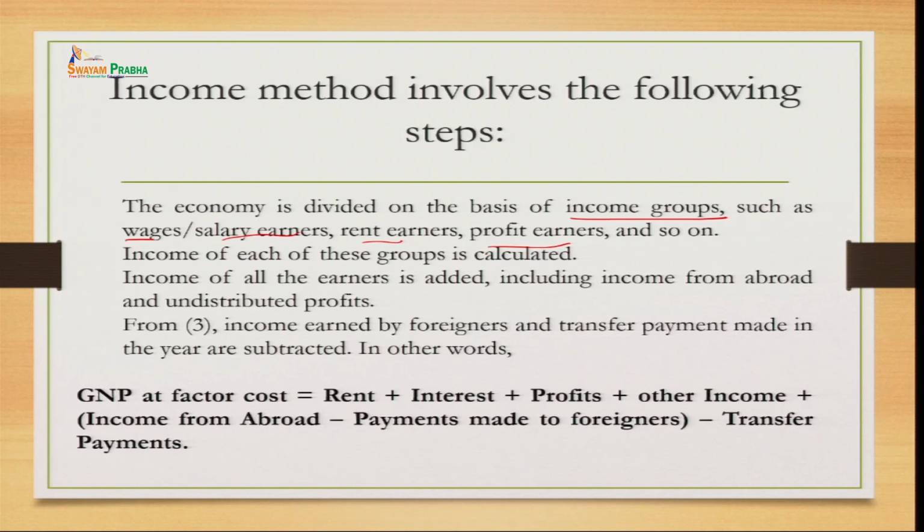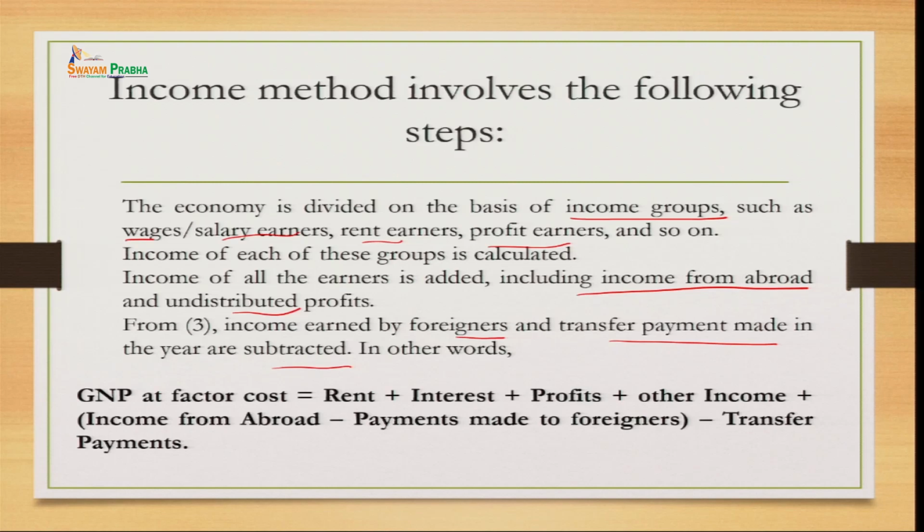Income from each of these groups is calculated and added together, including the income of people working abroad as well as the undistributed profit of firms. Here, the income earned by foreigners and the transfer payments made in the year are subtracted. So, whatever payment you are making to foreign nationals working in your country, and the payments made by the government in the form of transfer payments.